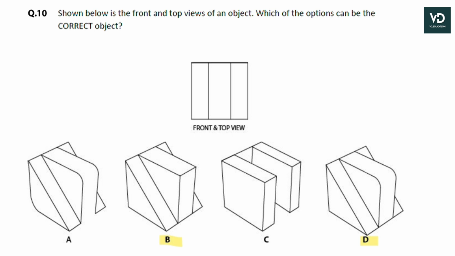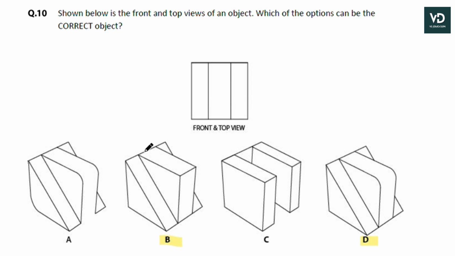Next, 10th question is: shown below are the front and the top view of an object. Which of the options can be correct? In this type of question, we need to eliminate the incorrect options. So here we can see there are 3 rectangles.